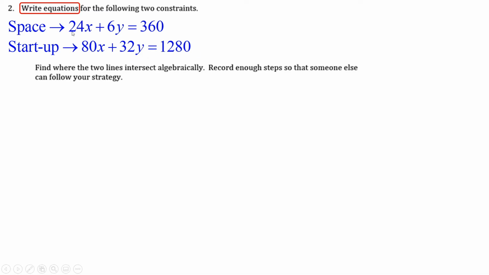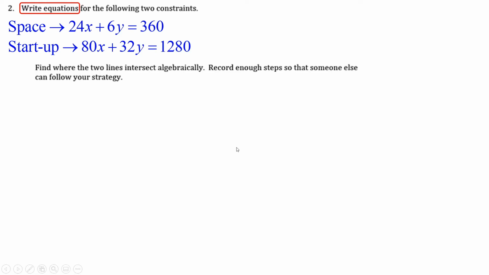It was 24 square feet for a dog run, and 6 square feet for a cat pen, and we had 360 square feet to work with, and the cost was $80 for a dog run, $32 for a cat pen, and they had $1,280 to work with.